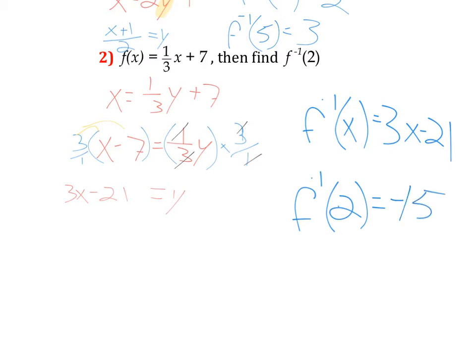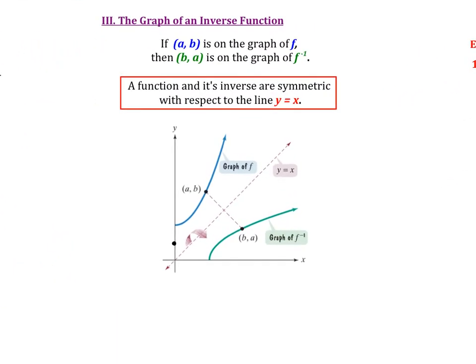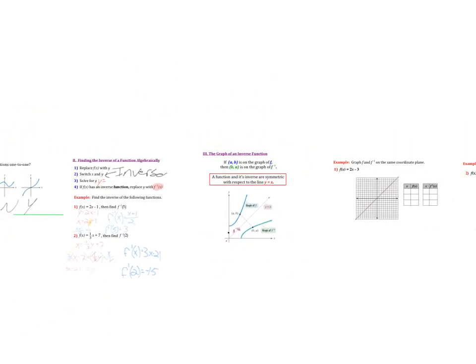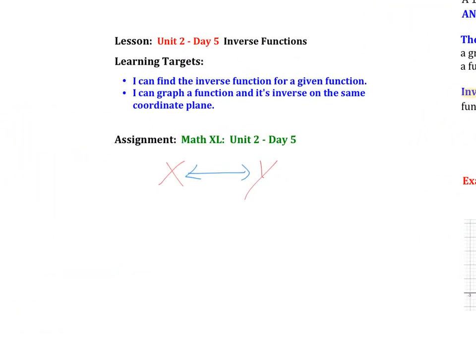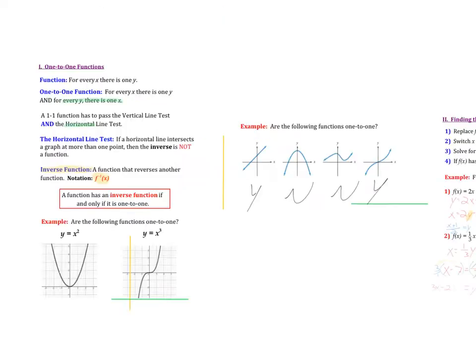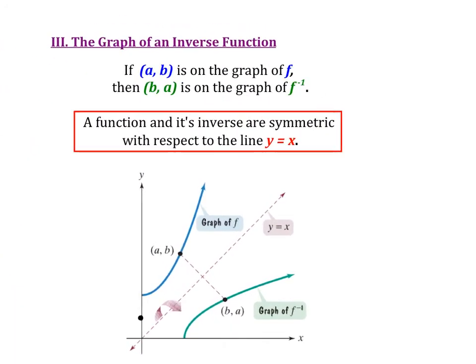Neat. All right. Well, now let's talk about the whole graphing portion of this. Remember way, way back to the beginning of this video when I said the whole concept of inverses is just switching x and y. Well, that's really all you've got to do when it comes time to graph. So when you're graphing an inverse, if you know coordinates on the original graph, to find the coordinates on the inverse, you just flip-flop them.